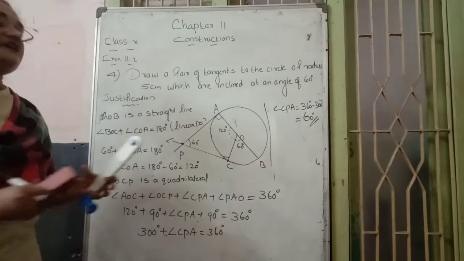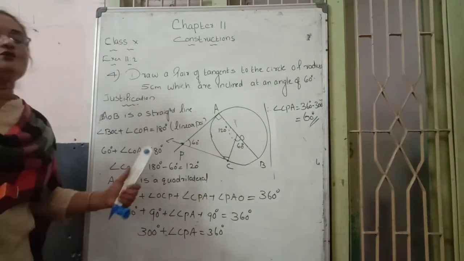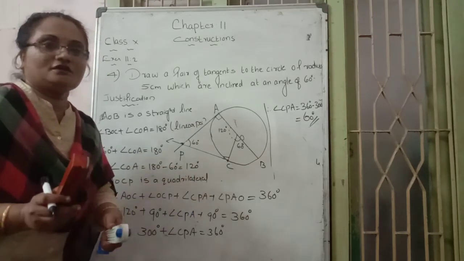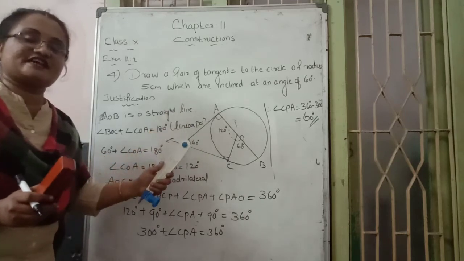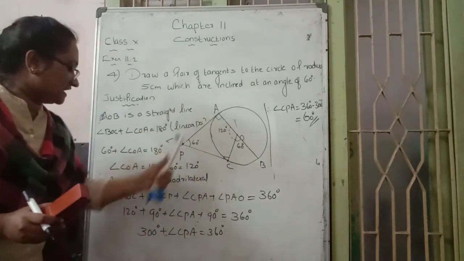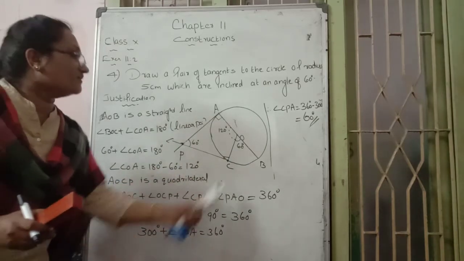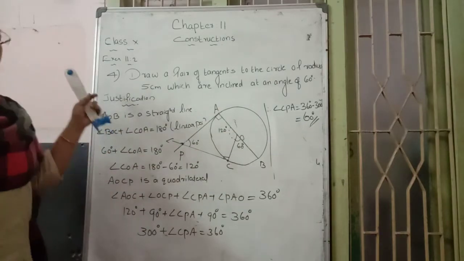I hope you can understand how the justification is done here. At the C vertex we took 90 degrees earlier, constructed using a protractor. Same way, the A vertex is also 90 degrees. That's why at C and A we marked 90. And the P vertex we didn't know, and we got it as 60. I hope you can understand this fourth question.